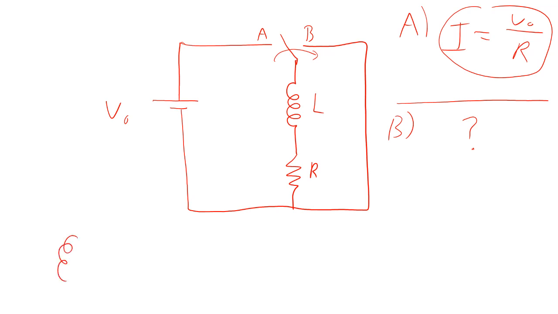So the EMF of the inductor is minus L di dt. It's going to resist any change, so it's going to temporarily keep the current flowing. In order to get a circuit, the current's going to flow this way. And so we want to investigate that current flow.